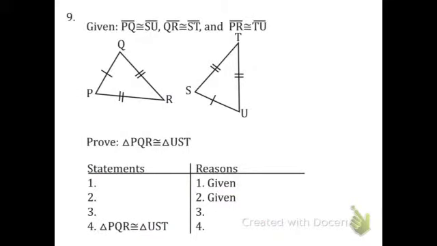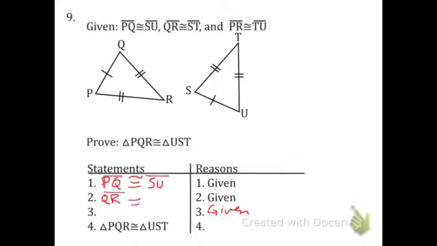Moving on to 9, we have 3 givens. I'm just going to write them down here. 3 givens, 3 slots to put them down. They're all given information. We'll just list them out. PQ is congruent to SU.